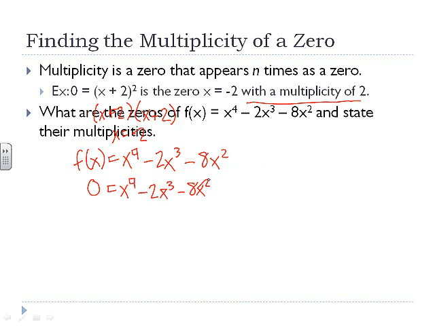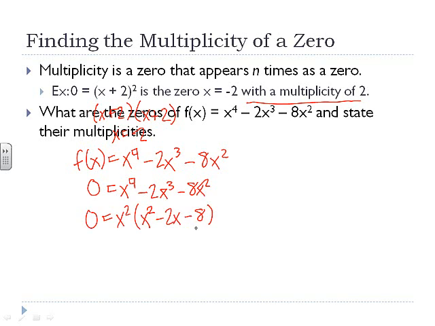Next thing, we're going to begin factoring. When factoring, first thing we do is look for a GCF. Notice that all of these have an x squared term in them. So we can take out an x squared, and we'd be left with x squared minus 2x minus 8.